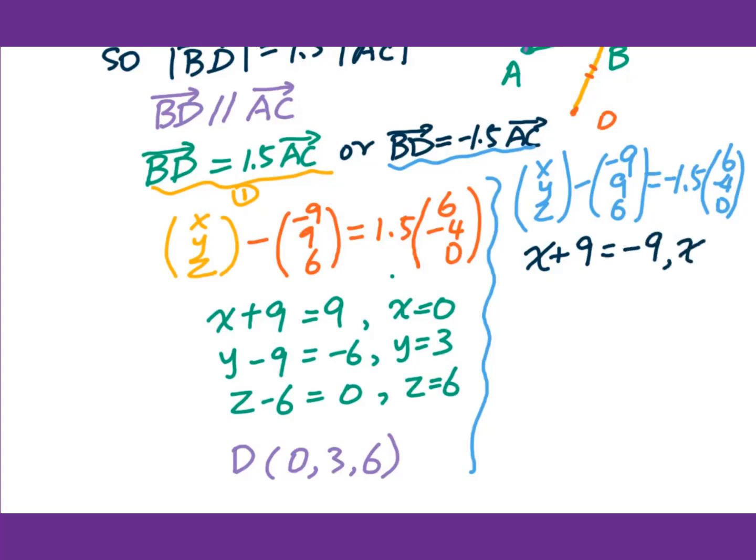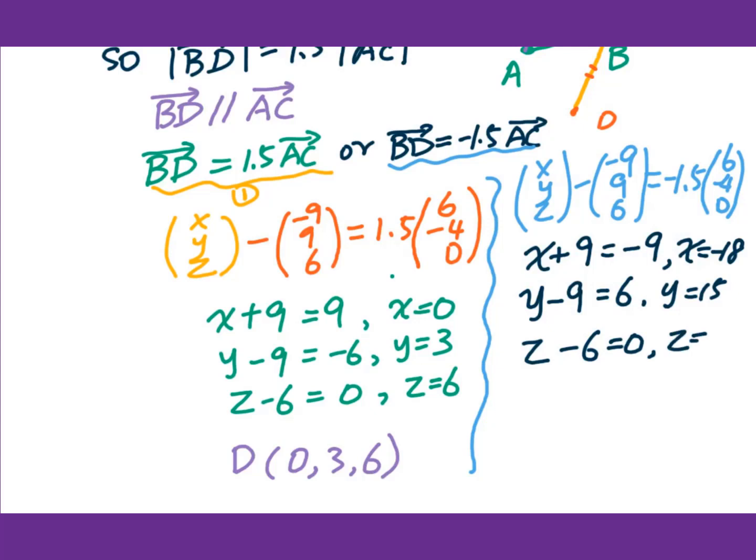So you have x equals negative 18. Y minus 9 equals 6. Y equals 15. Z minus 6 equals 0. So z equals 6. So you get another coordinate for D, that is (negative 18, 15, 6).